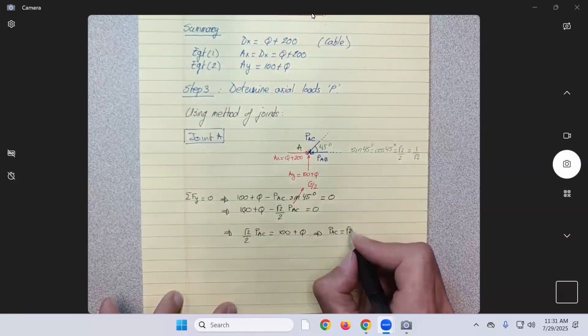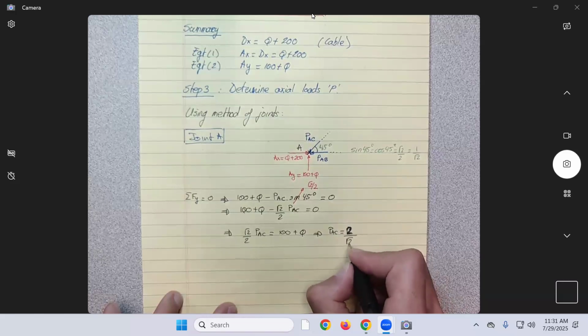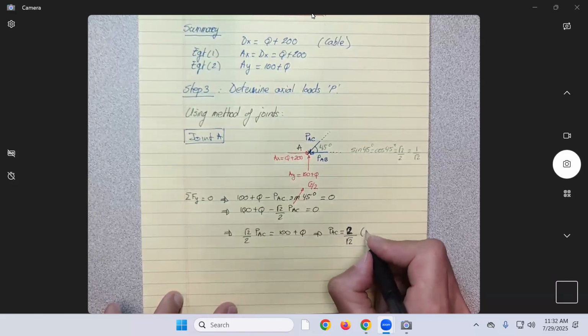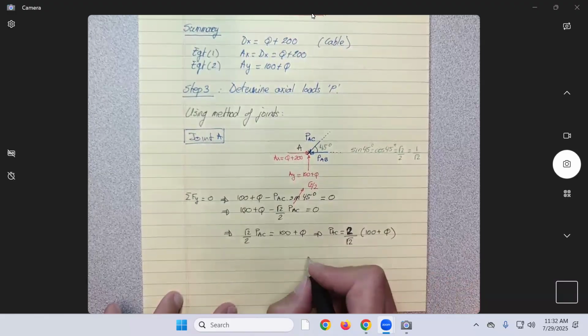Sorry. PAC will be equal to 2 divided by square root of 2, times 100 plus Q.